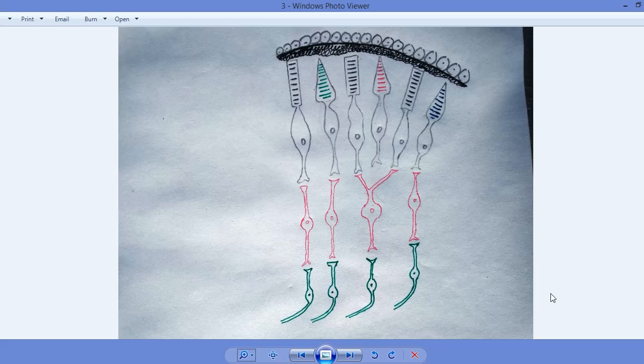One more thing about the retina: when the reflection of the image falls on the retina, it means that the reflection of the image goes through these two layers towards the rods and cones. But this normally happens inside the retina, but the case of the fovea centralis is different.